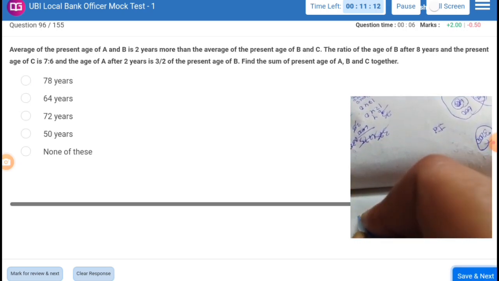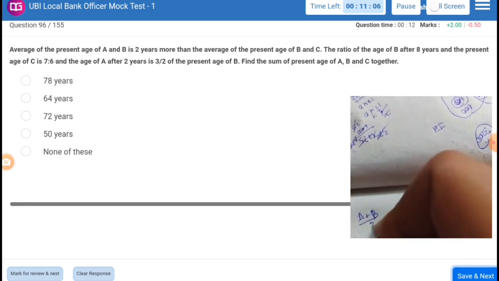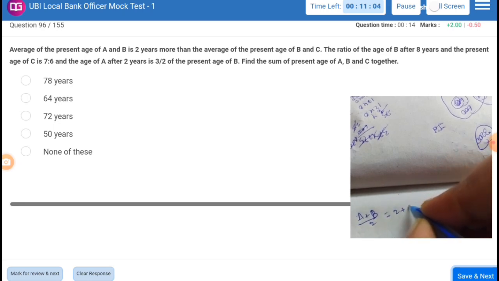The average age of A and B is 2 more than B plus C by 2. So A plus B, 4 plus B plus C. A minus C equal to 4.